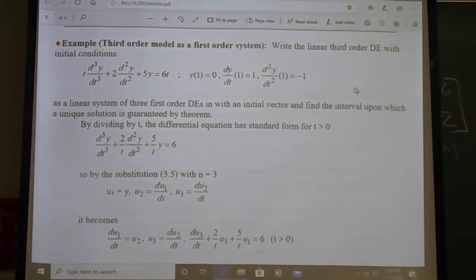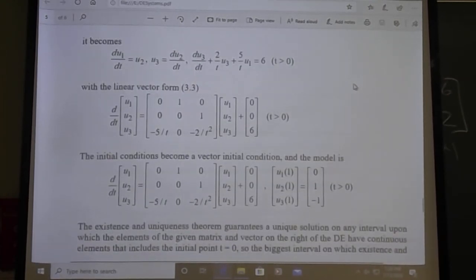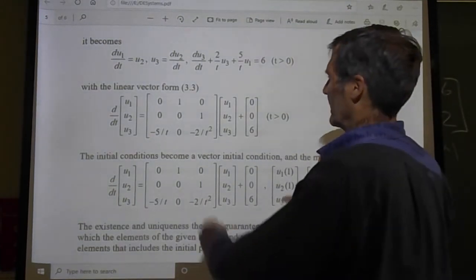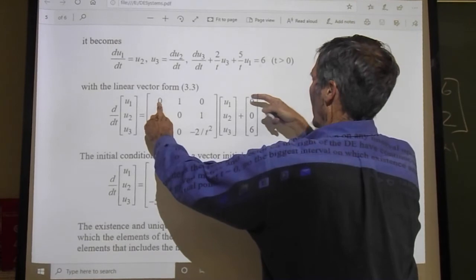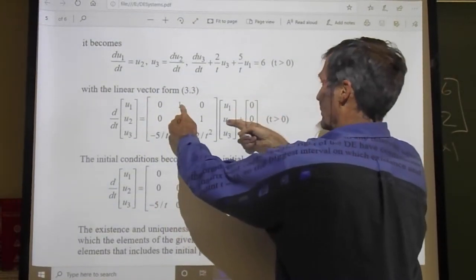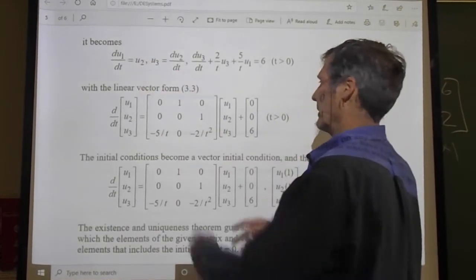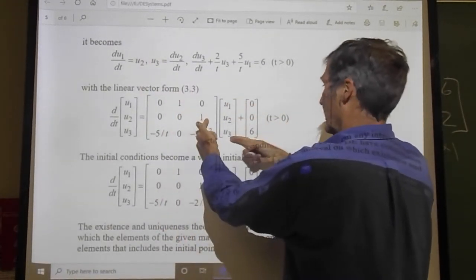We've rewritten this equation as this system of 3 linear equations. And there it is in matrix form. You just write it out. Right? du1/dt equals nothing times u1 plus u2 plus nothing, right? So it says this equation, and then du2/dt equals u3 becomes 0 plus 0 plus u3, sure.